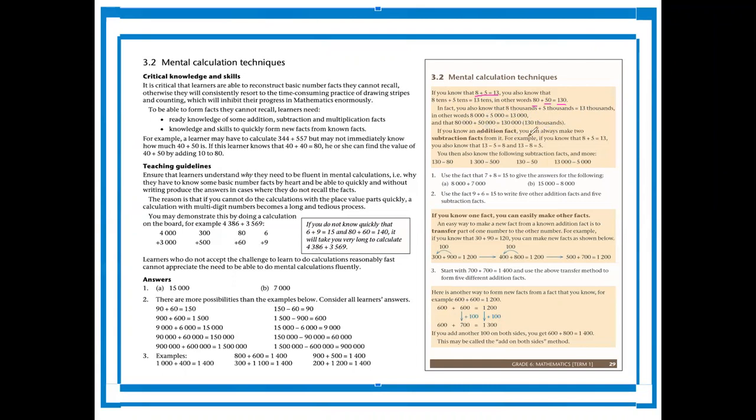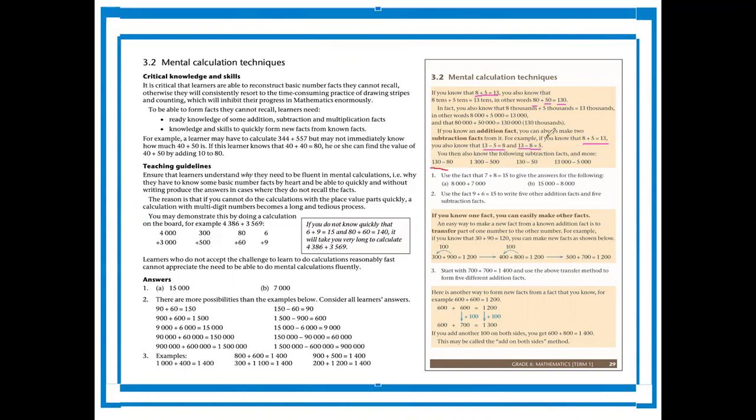If you know an addition fact, you can always make 2 subtraction facts from it. For example, if you know that 8 plus 5 is equal to 13, you also know that 13 minus 5 is equal to 8, and 13 minus 8 is equal to 5. So that's just rearranging this to get 2 subtraction facts. You then also know the following subtraction facts and more. Okay, that's related to these ones.